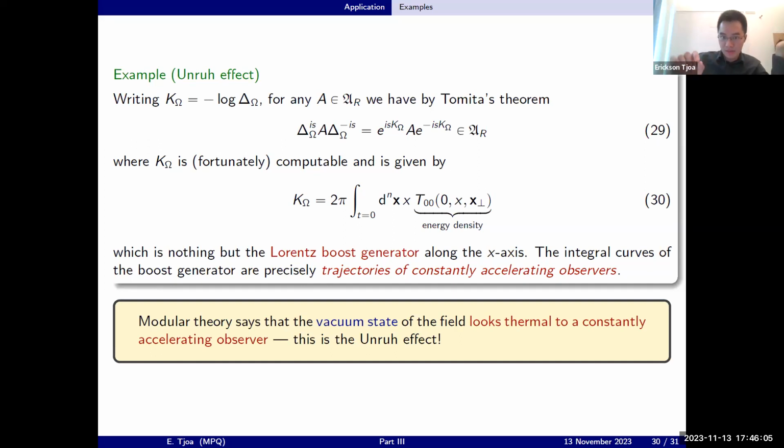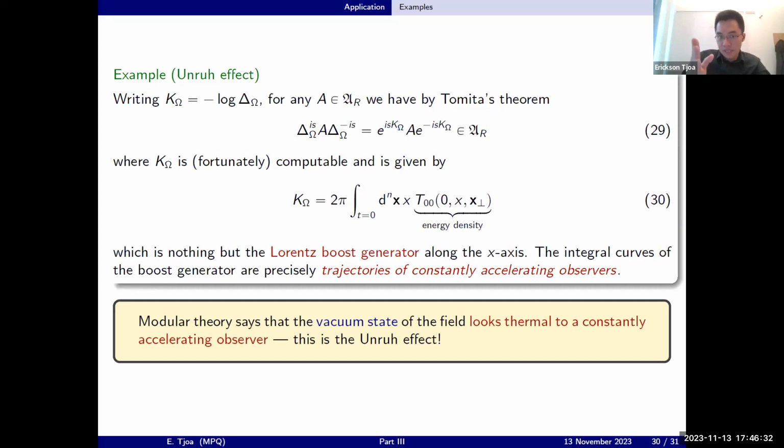That means the integral curves of this differential operator are along a hyperbola associated to a constantly accelerating observer, which means that modular theory just tells you that if you are an accelerating observer, the ground state of a quantum field theory is just going to look thermal for exactly the same reason as the previous example I gave you.